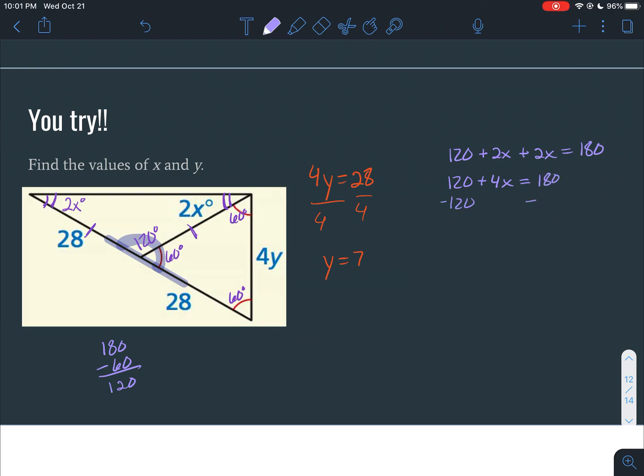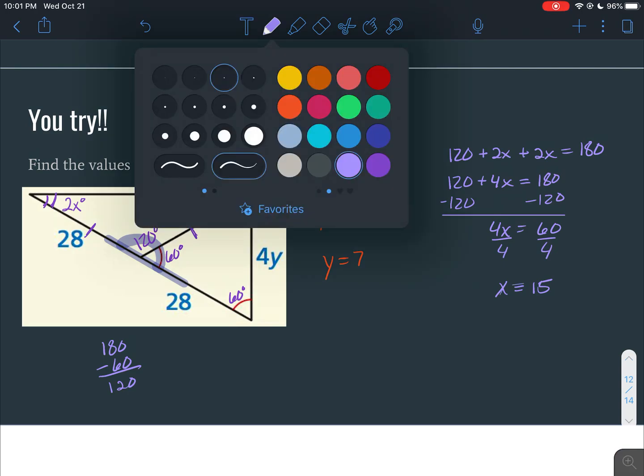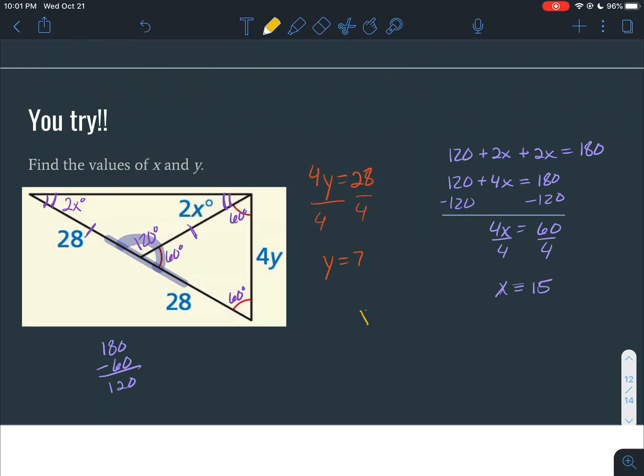Subtract 120 from both sides. So 4x equals 60. Divide both sides by 4. So x equals 15. Okay? y equals 7 and x equals 15.